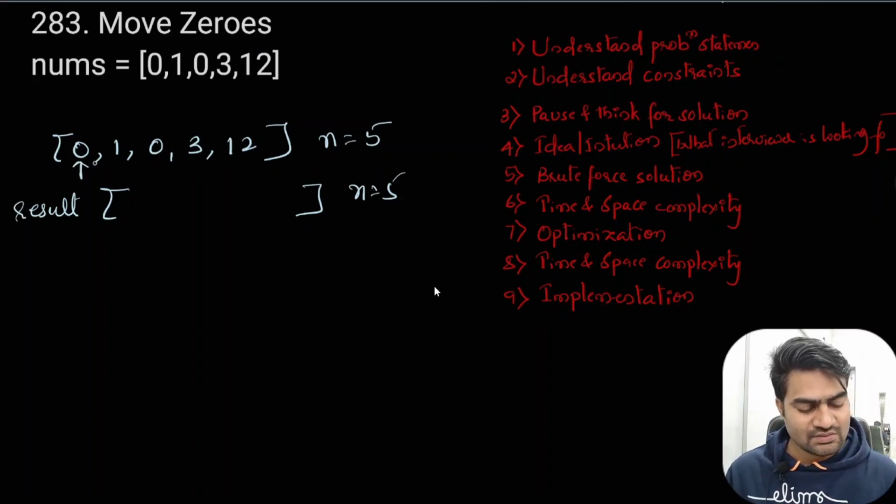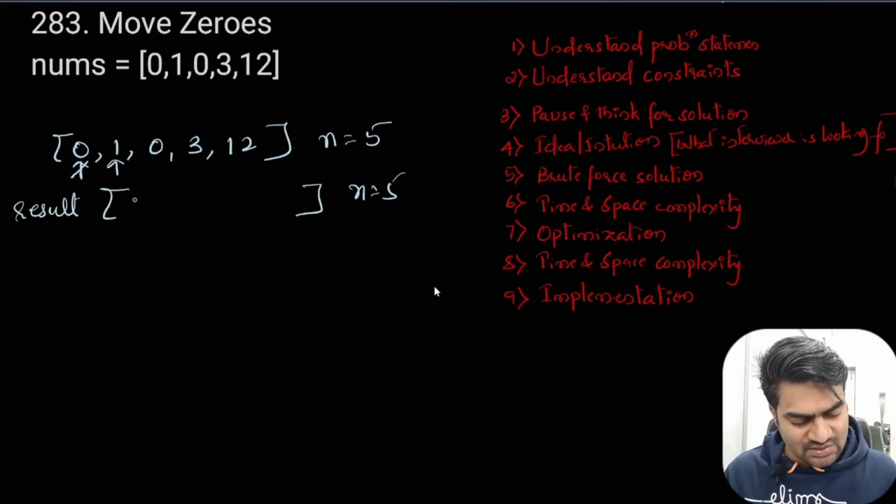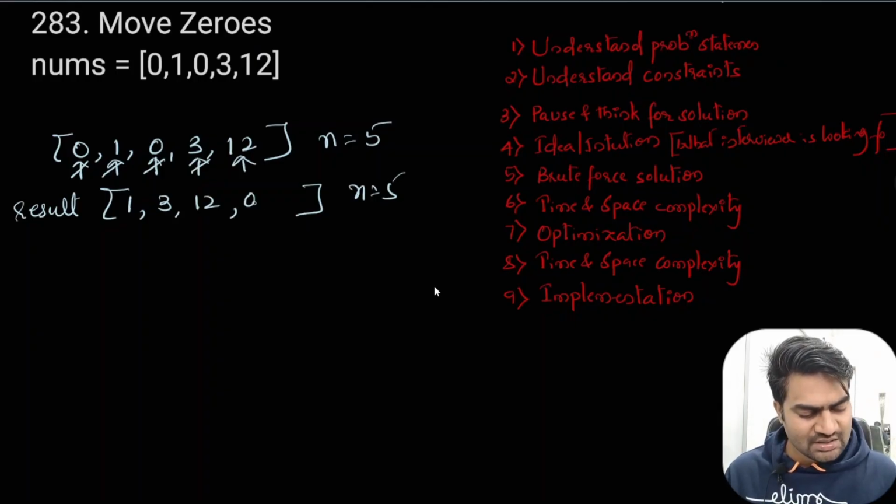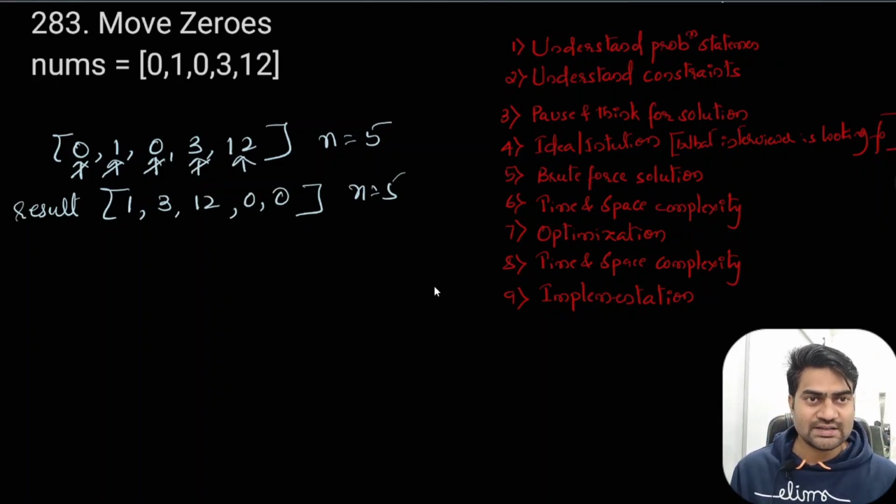This is 0, so I will ignore it and move further. Now I get 1 which is not 0, so I take it and place it here in the result array. Next I go to the next number. Again it is 0, so I'll skip that. I go to the next number, I will take 3. Then I go to the next number. It is 12. Now I am done. I'll stop, and for the remaining places I'll simply put 0, 0.